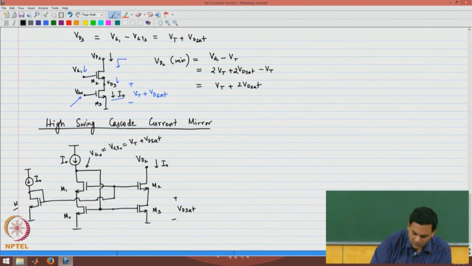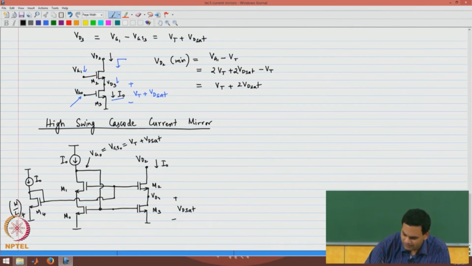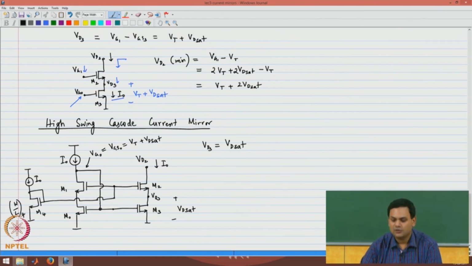I am going to call this W over L of M4, W over L4 for transistor M4. Now, we know the condition. We wanted Vd3 to be Vd sat, so that transistor M3 is exactly at the edge of saturation.